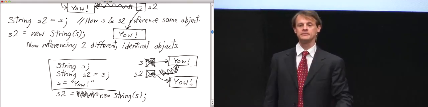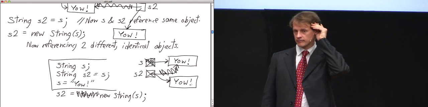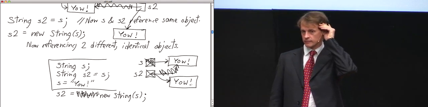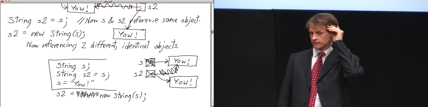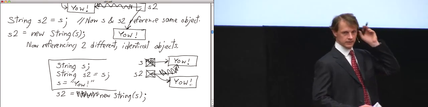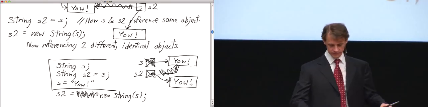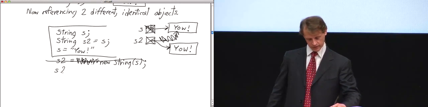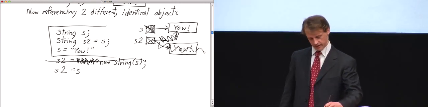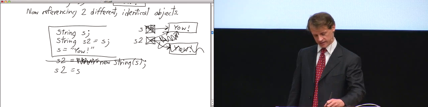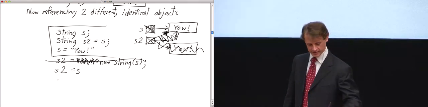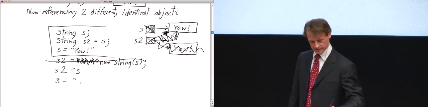Different objects. So if you say S2 equals S, so now S2 is pointing to the same object as S, and then you now assign S to point something different.